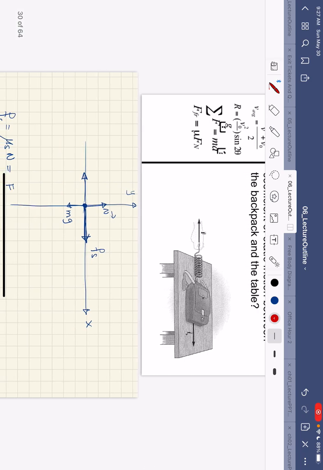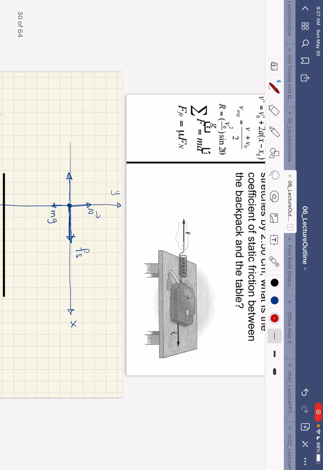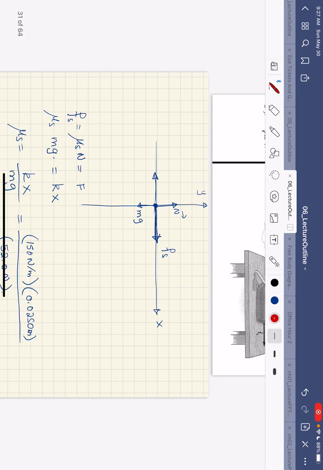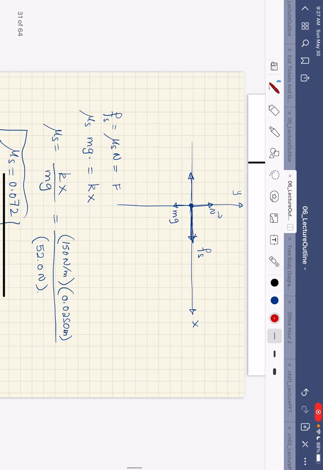Okay, now of course here we need to also analyze the forces on the backpack, and we will find that there is a force of static friction.